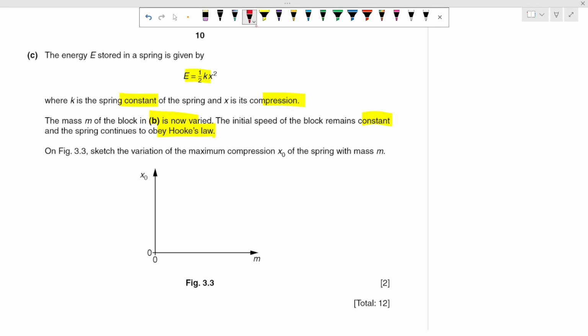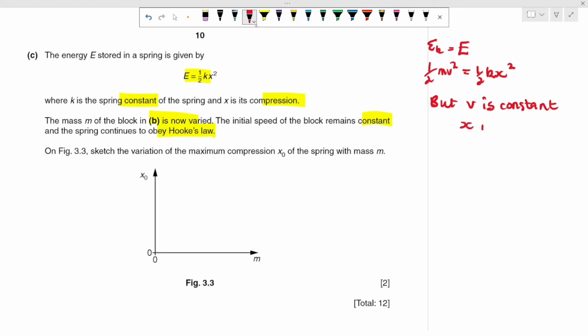So we have already said that EK will be equal to the energy that will be stored, right? So we have said that 1/2 mv squared should be equal to 1/2 kx squared. But guys, v is constant because it's the initial velocity.